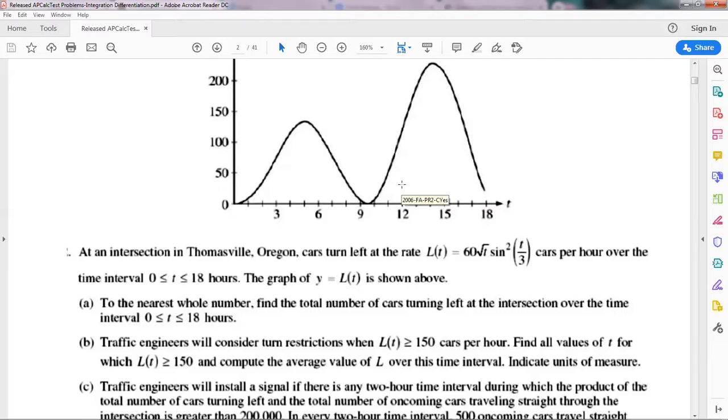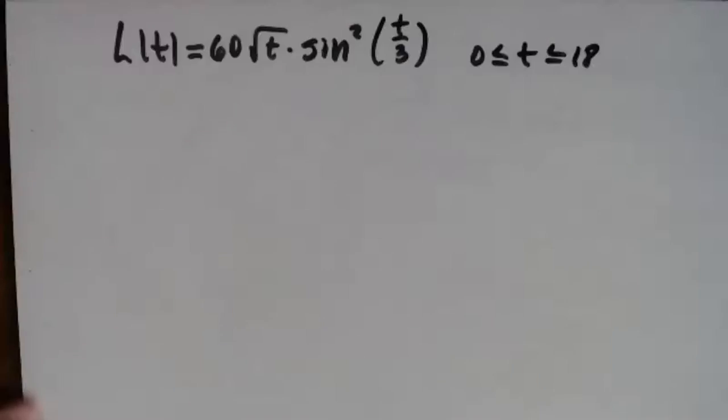So I'm going to put here L of t equals 60 square root of t sine squared of t over 3, from 0 to 18. So this is the problem here. This is the question.